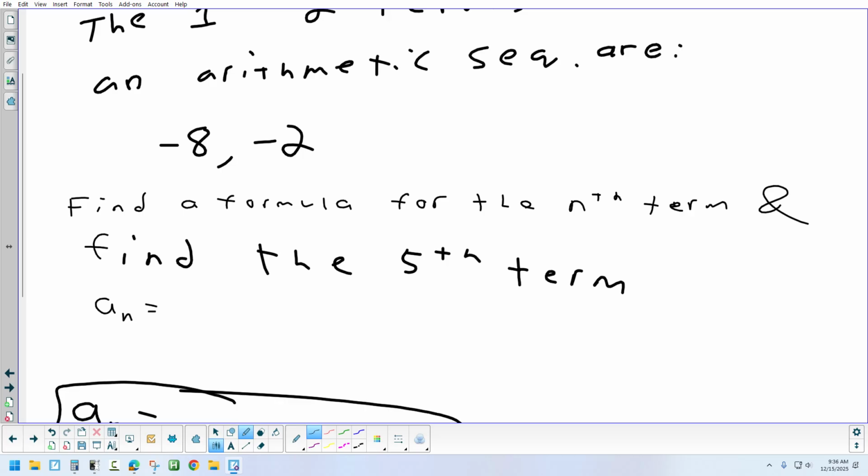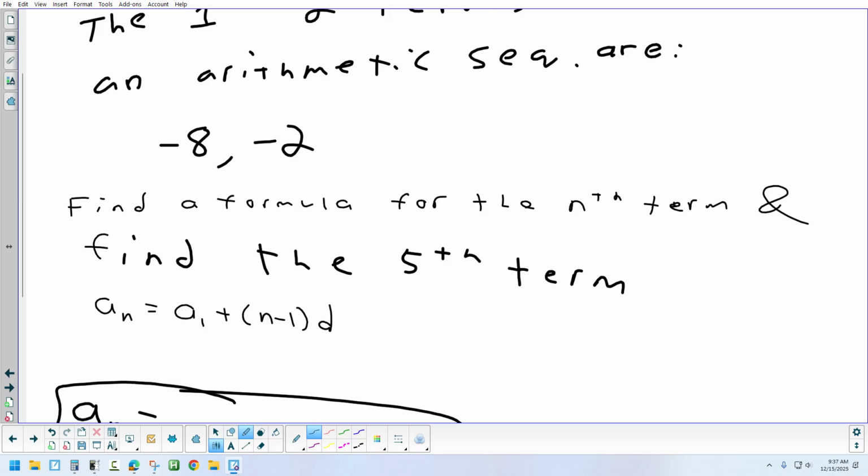Serenity, can you remind us again, what's the explicit formula for an arithmetic sequence? A sub 1 plus n minus 1 times d. Okay.